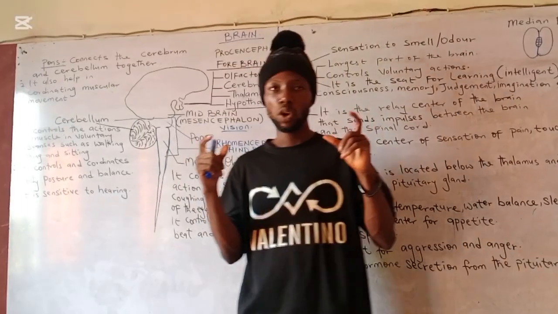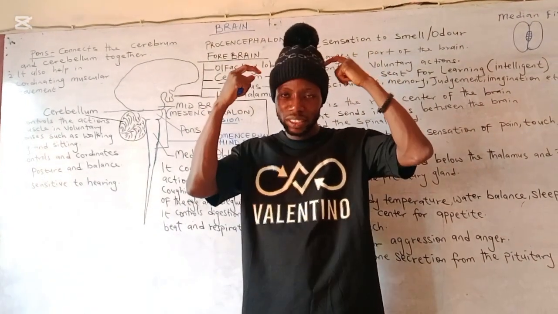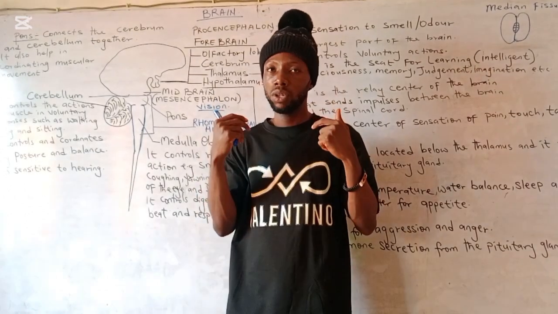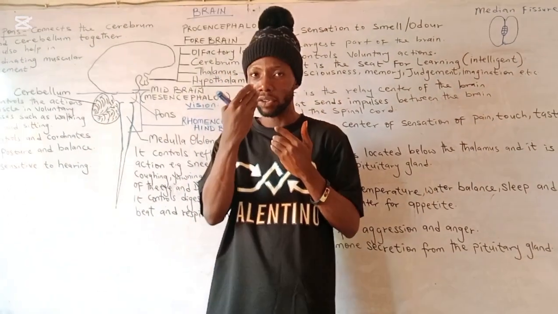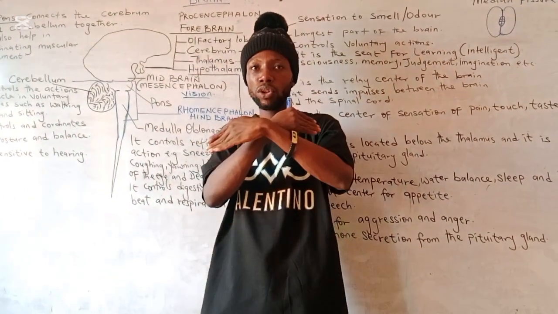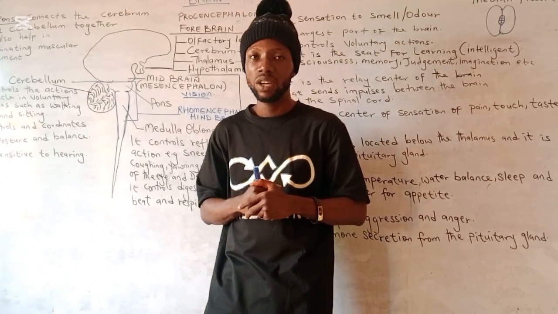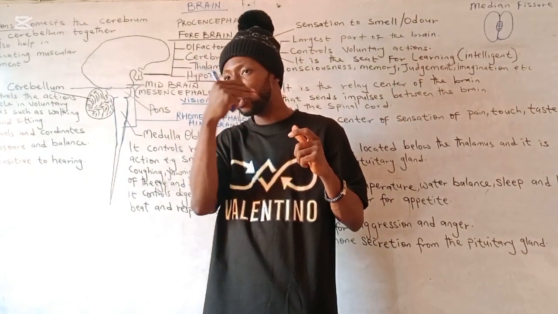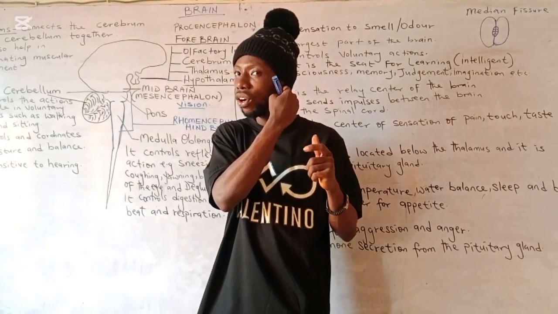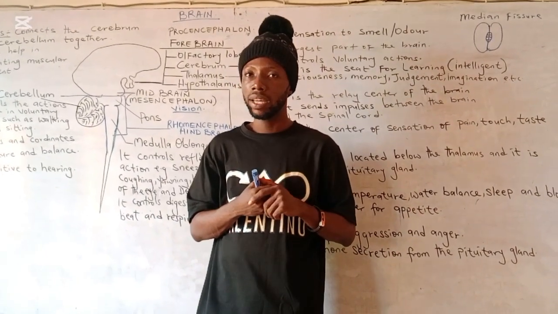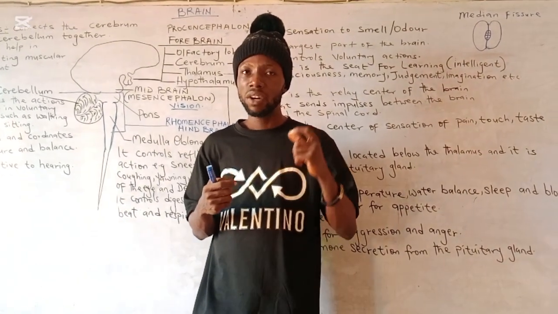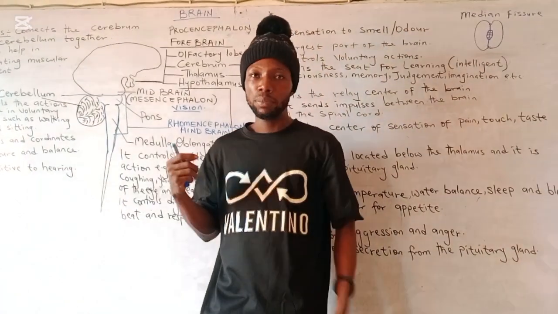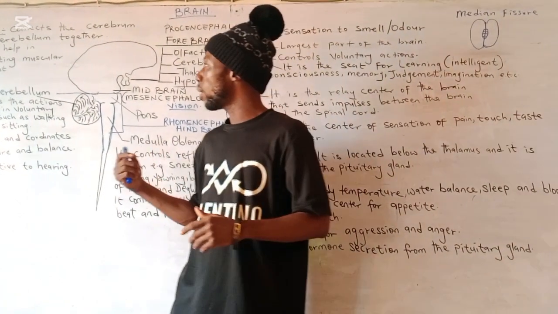The pons connects the 2 hemispheres of the cerebrum to the 2 hemispheres of the cerebellum. At the middle part of the brain, we have the decussation of the pons fibers, making the fibers from the right hemisphere move to the left hemisphere of the cerebellum, and the nerve fibers from the left hemisphere cross to the right hemisphere of the cerebellum.